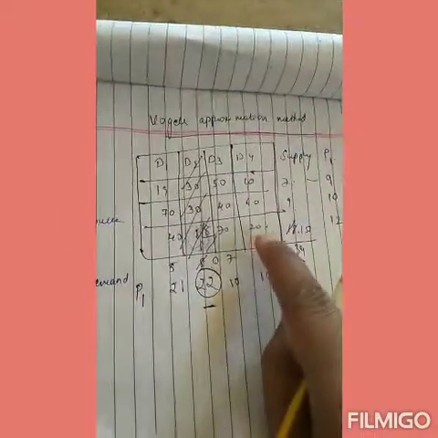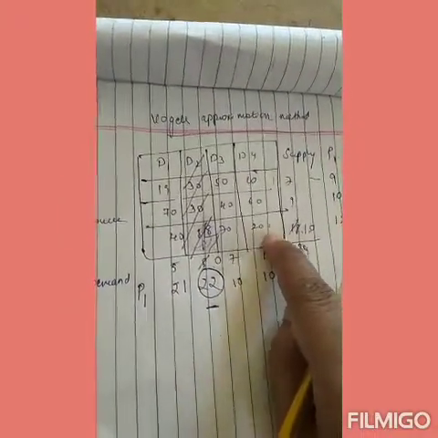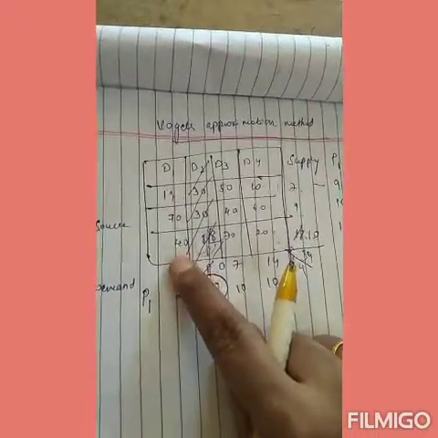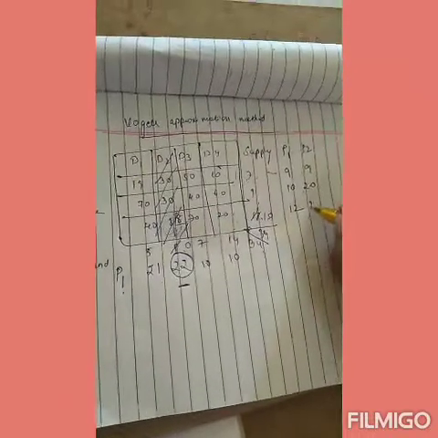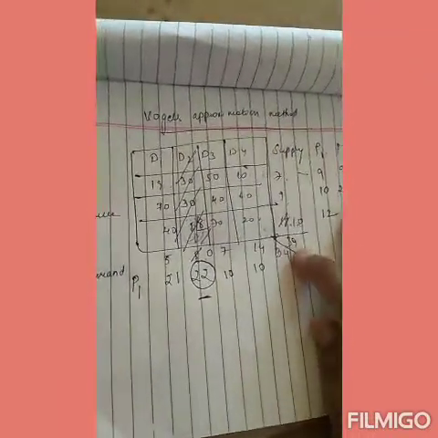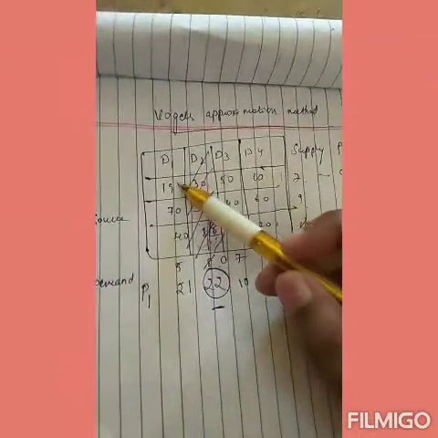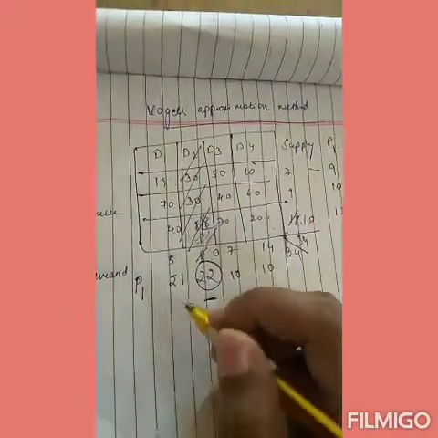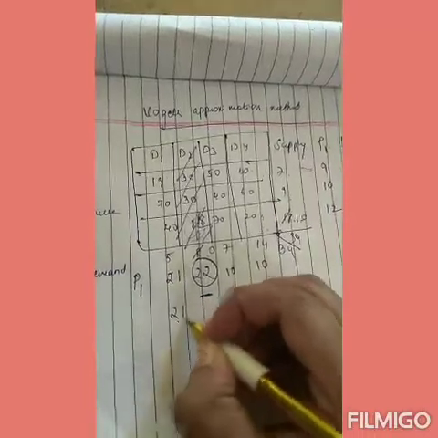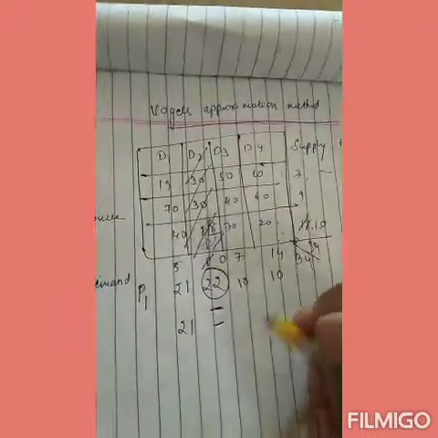Next, first minimum 20, second minimum 40. So 40 minus 20, 20. Okay, and next, first minimum 19, second minimum 40. So second minimum minus first minimum is 21, and this one is already cancelled.